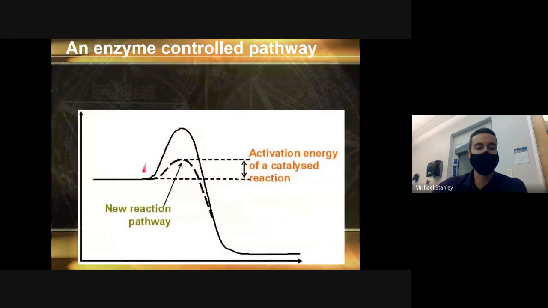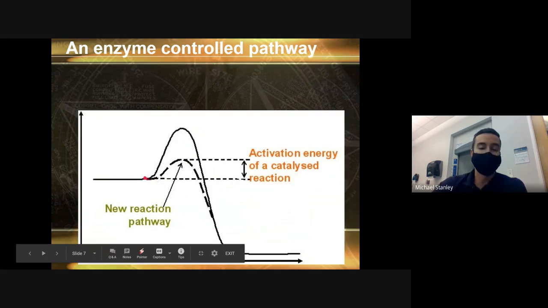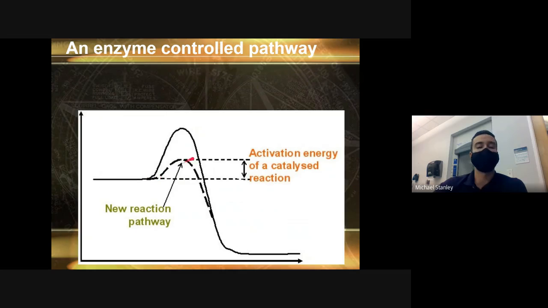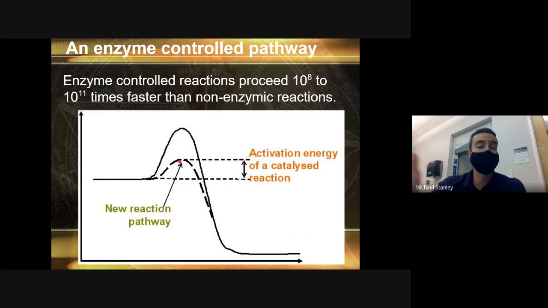So before, we had to wait until we had this much energy built up before that reaction could start going. With an enzyme, we only have to wait until we have this much energy built up, which can happen much, much, much quicker. Thousands or even millions of times faster with an enzyme versus waiting without an enzyme.